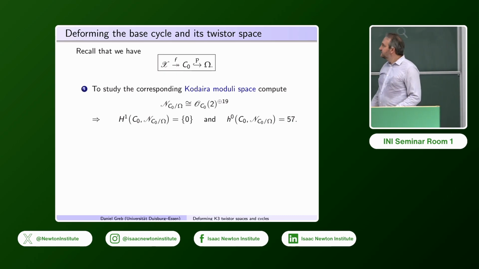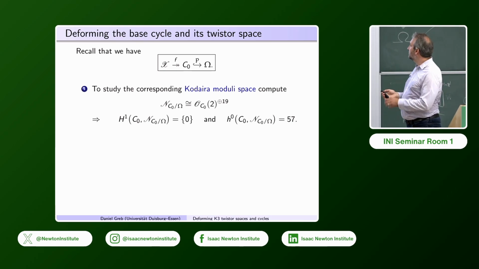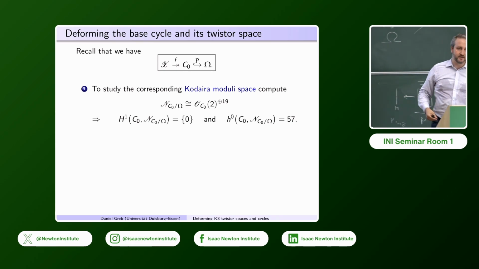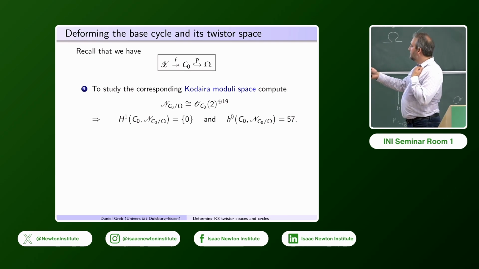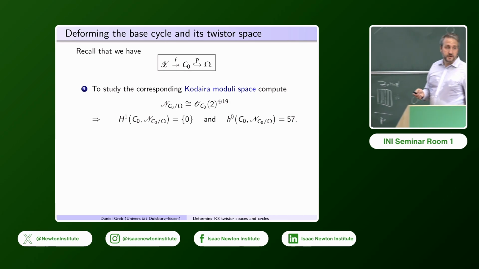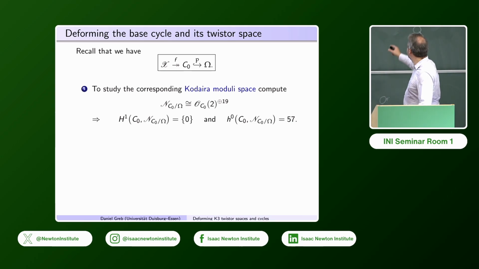So this means that there is an O(2), so it's 19 copies of O(2) on a P1. So the cohomology of this is 0, which means that the deformation is unobstructed, and you have 57 dimensions. Okay, that's one computation you would do if you see this picture.